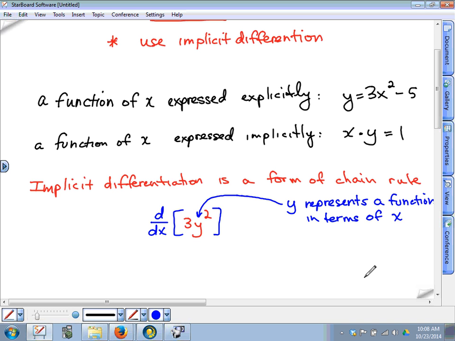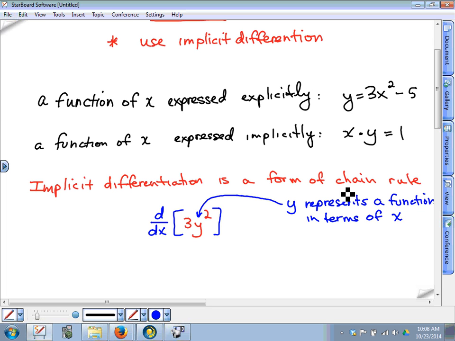Y represents a function in terms of x. I know it says a y right here, but y is just a substitution for some kind of expression in terms of x, like 2x minus 1, or x plus 5, or something like that. Yeah, this is just some random expression.